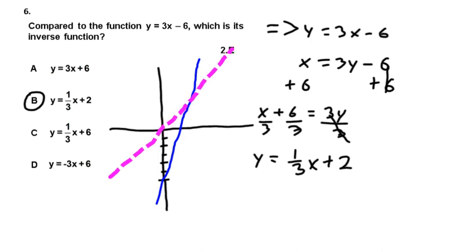And then this answer choice B would be just like this. So these two lines, the blue line and the purple line, reflect each other about the line y equals x. Very easy to graph on the calculator, or in this case even without a calculator.